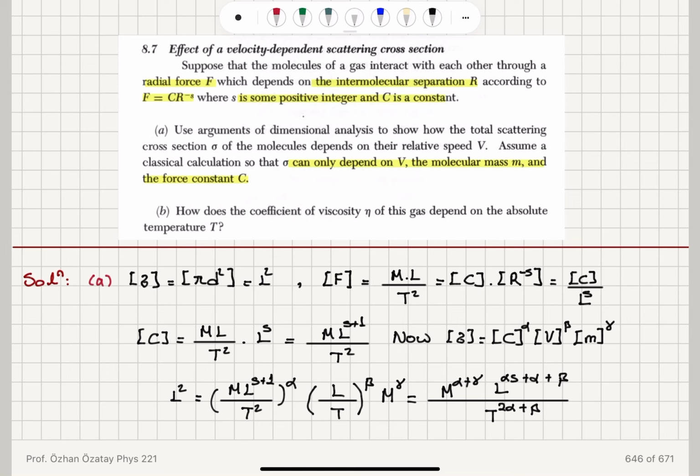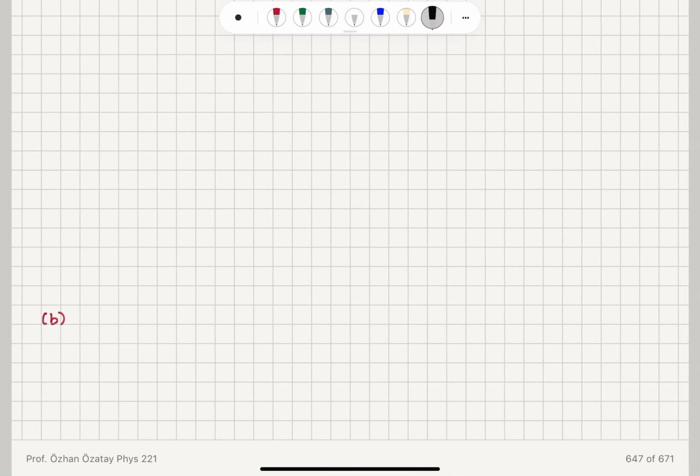So this must be equal to L squared. So we can find what these coefficients should be so that this is equal to L squared. First thing we notice is that 2 alpha plus beta should be equal to 0. This should be t to the 0 because there is no time dependence here. So the first equation is 2 alpha plus beta equals 0, which gives us beta equals minus 2 alpha.